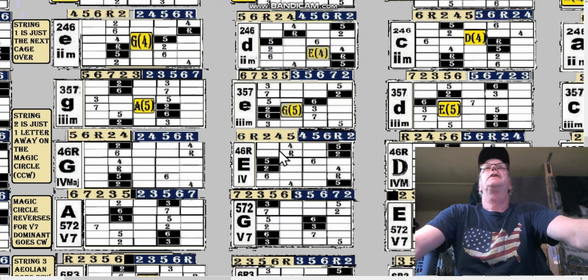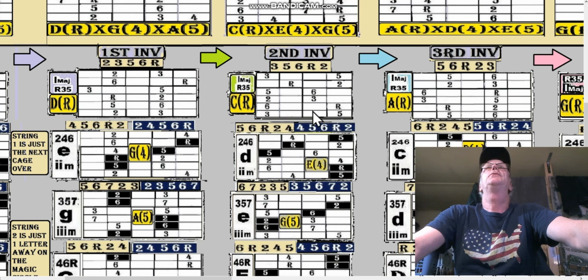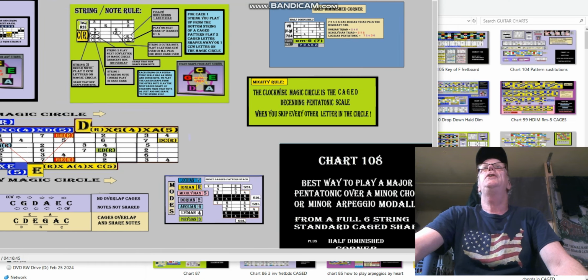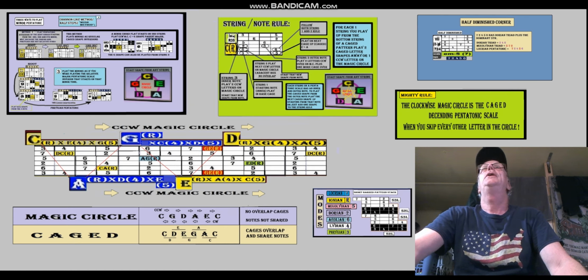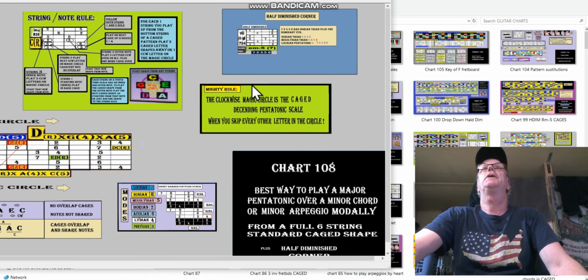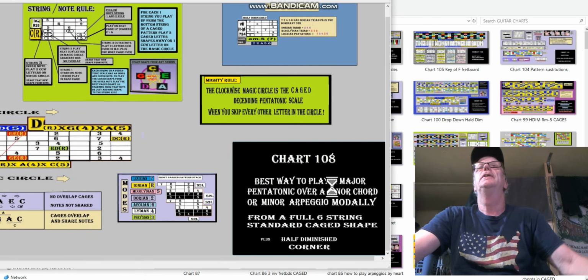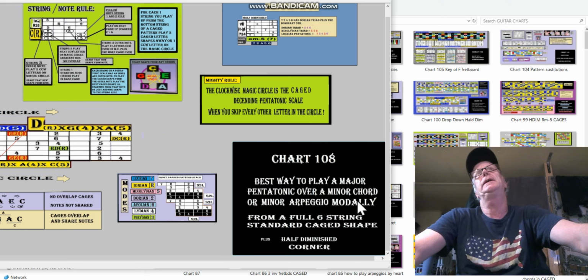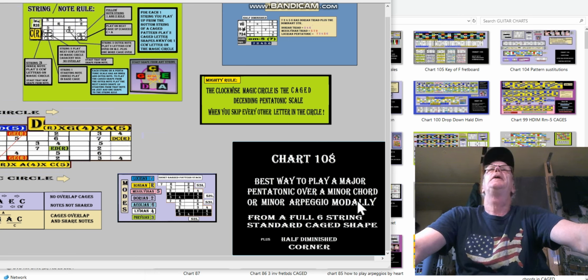So we've got these cage boxes. The difference between them, I'm going to show you on the next chart, because we want to get to today's chart. Ta-da! It's chart 108. 108 doesn't want to stay undocked. And that's the best way to play a major pentatonic over a minor chord or a minor arpeggio modally. Best way to play anything from a full 6-string standard cage shape.